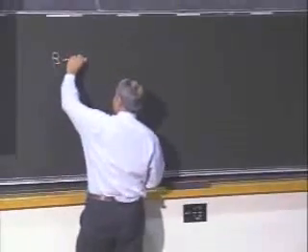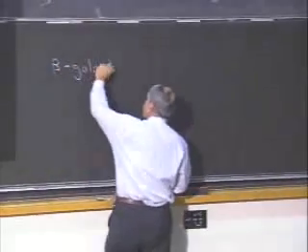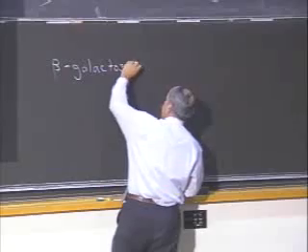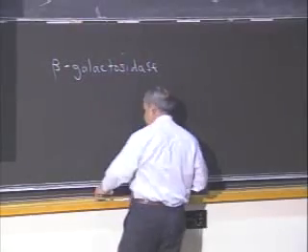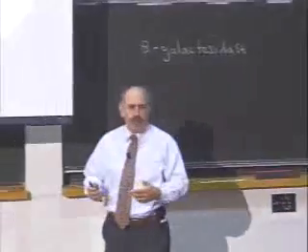ES cells, we take them out, we can propagate them in culture, and then we'll put a genetic marker in those ES cells. Let's say we put in those embryonic stem cells the marker for the gene beta-galactosidase. And beta-galactosidase, in the presence of the proper indicator, will make a cell turn blue.